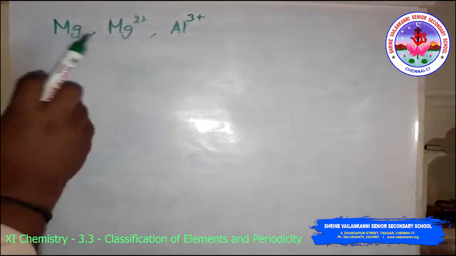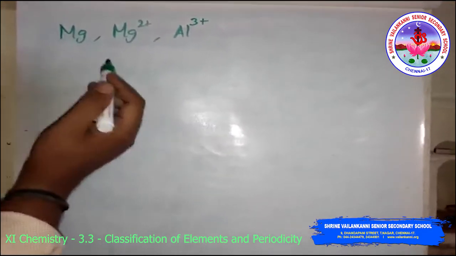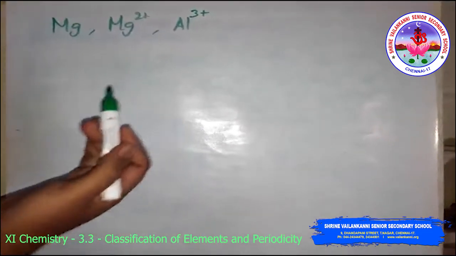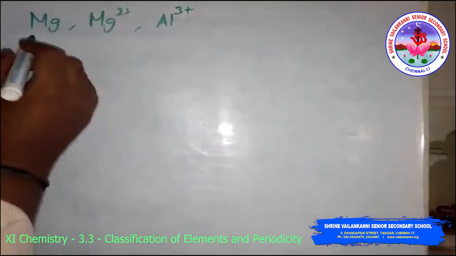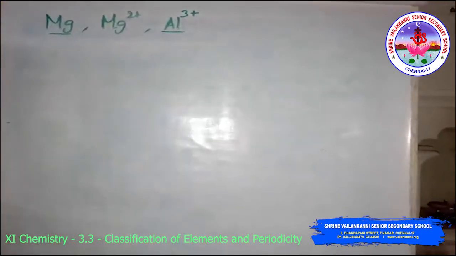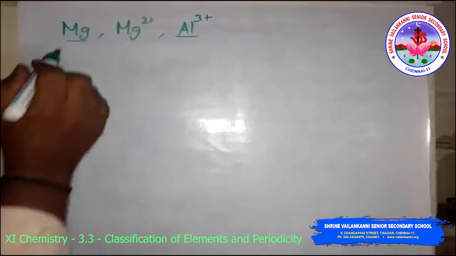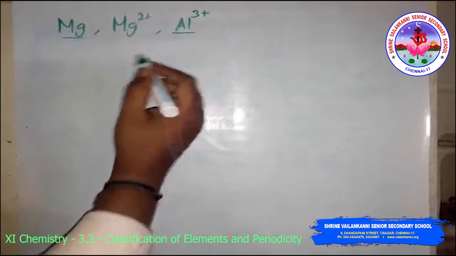Look at this. In the following species, which will have the largest and the smallest size? Here, the largest species is magnesium and the smallest species is aluminum 3+, Al3+. Why? The reason is what? Here, the atomic number of magnesium is 12 and the atomic number of aluminum is 13.